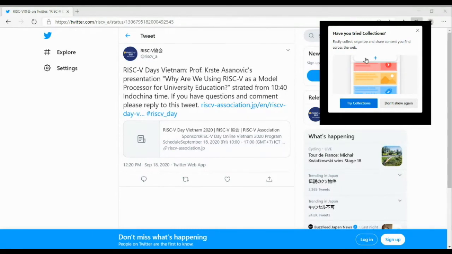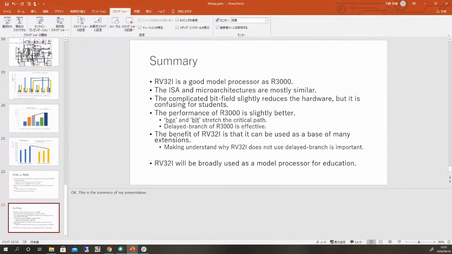The question is, what is the main barrier to using RISC-V in university experiment labs? Thank you very much. Actually, right now there are no good materials, for example, for design in FPGA.